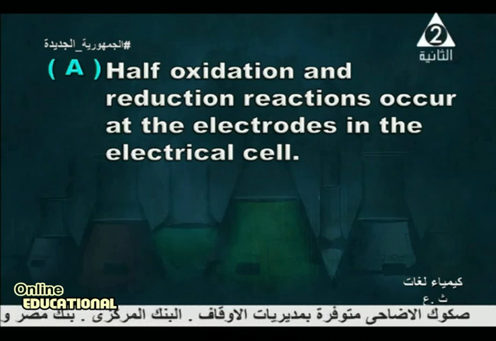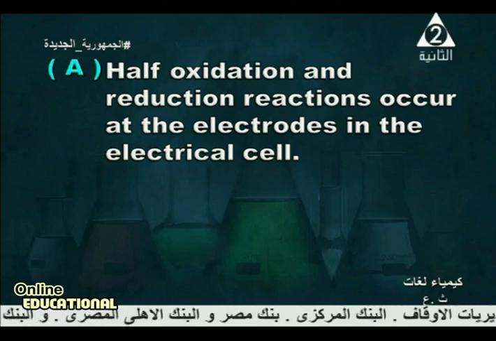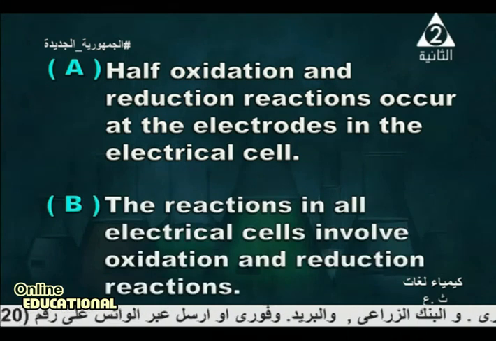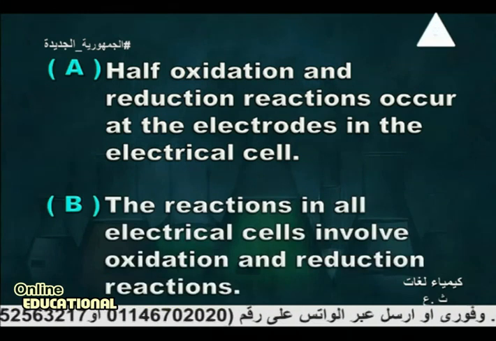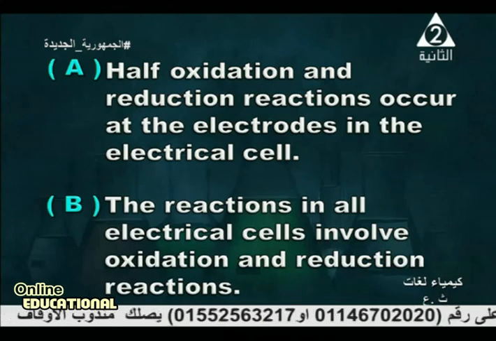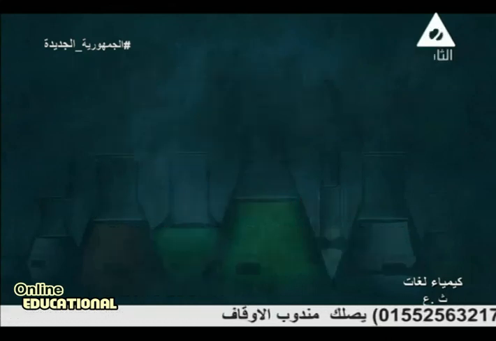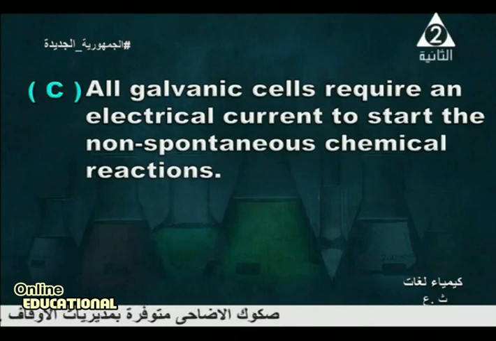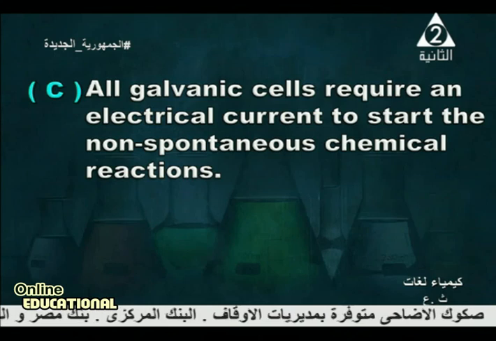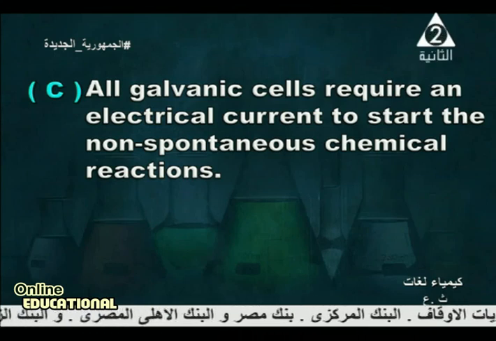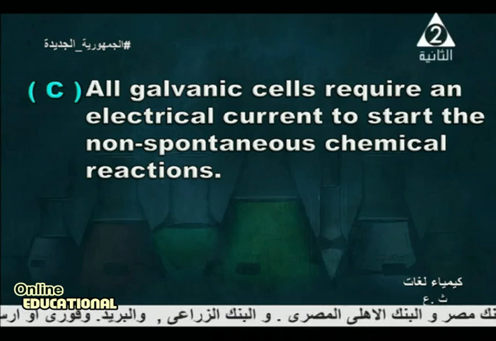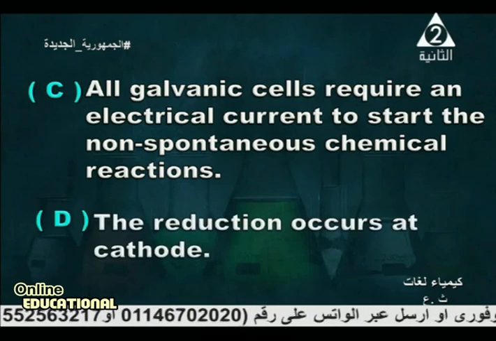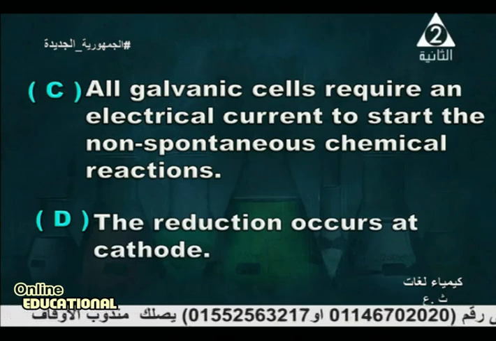This is number A. Number B, the reaction in all electric cells involves oxidation and reduction. Or number C, all galvanic cells require an electric current to start a non-spontaneous chemical reaction. Or number D, the reduction occurs at the cathode.